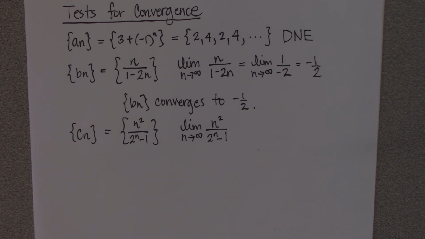No? You see infinity over infinity. What you got? Yes. It will go to 0 because 2 to the n is going to grow much faster than n squared. Okay? But let's just say we don't know that yet.